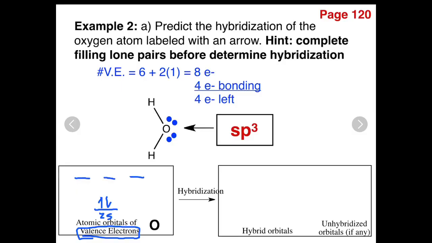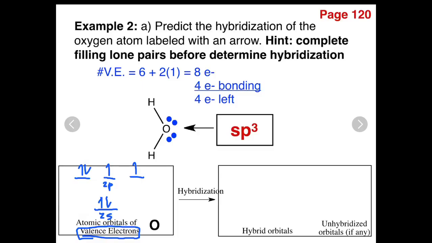Because the total valence electrons of oxygen equal 6, you're going to have 1, 2, 3, 4, 5, 6, a total of 6 valence electrons in the atomic orbitals of oxygen. So again, how did I get this? It's coming from the electron configuration of oxygen. We are focusing on only the valence electrons, so the ones we are going to consider are in the 2s and in the 2p. The total is 6 electrons.